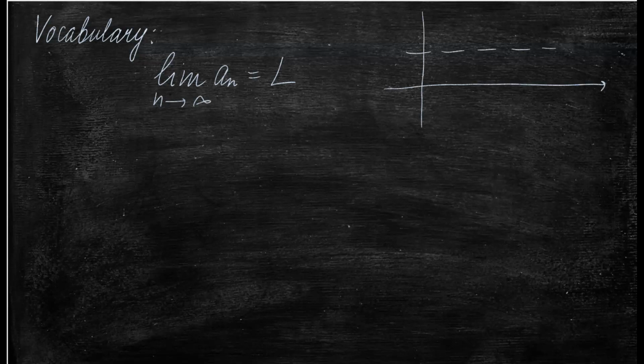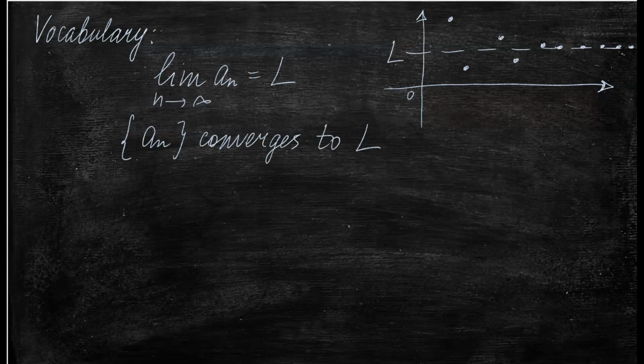We have this horizontal asymptote at L, and your sequence, remember, the sequence is just the dots, looks like it approaches this line. That's when we say a sequence has a limit L. We can also say that the sequence converges to L.